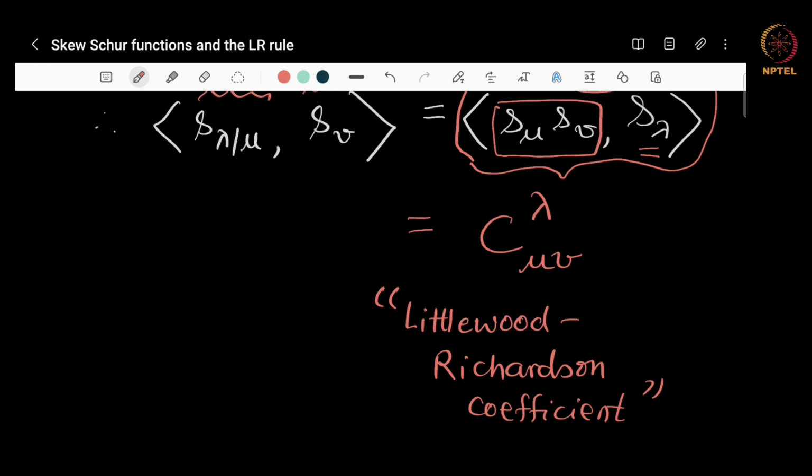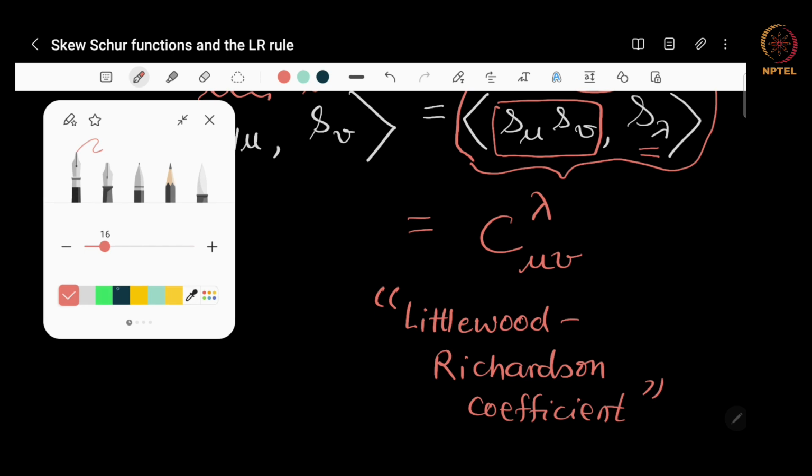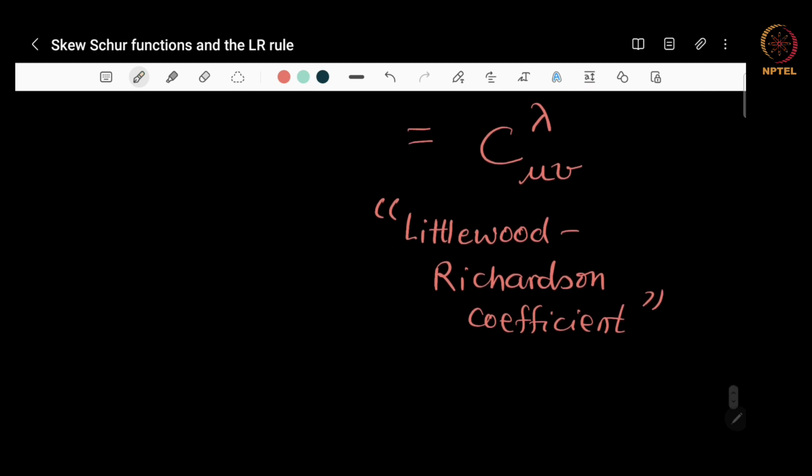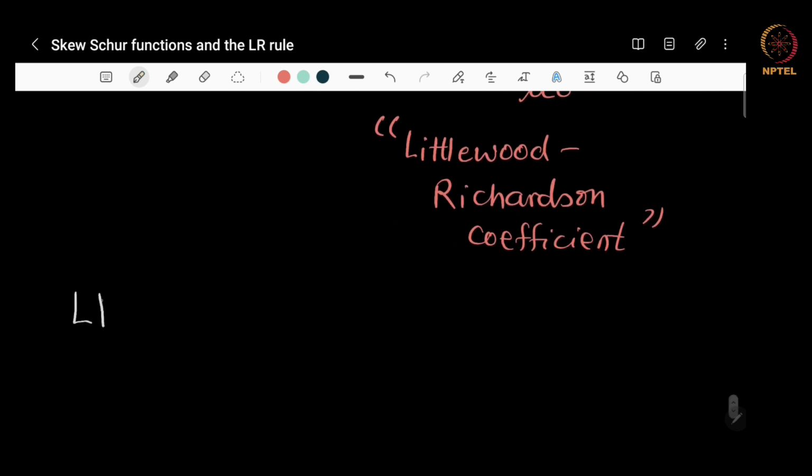Okay, so let me tell you, without proof, a combinatorial rule for computing the Littlewood-Richardson coefficient. So here's the rule. It's called the Littlewood-Richardson rule, the LR rule. It says that if you were trying to find C mu nu lambda, the Littlewood-Richardson coefficient, here's what you could do.